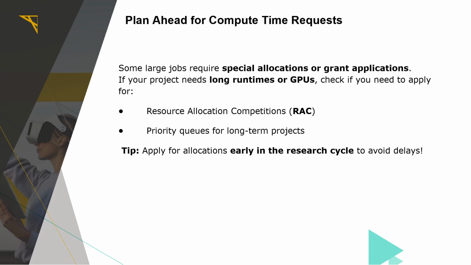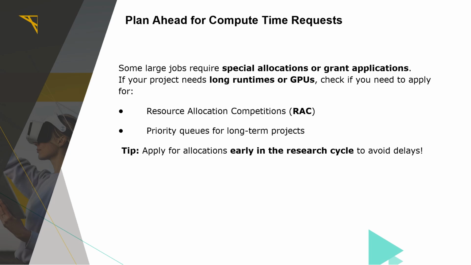And for that, you need to see if your project requires it. If it's going to require long run times or GPUs, such projects actually run for a long period of time, say 1, 2, 3 weeks. You're going to need to apply for the resource allocation competition so that you can be in the priority queue for compute resources for that kind of project.